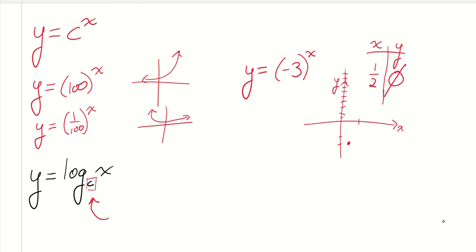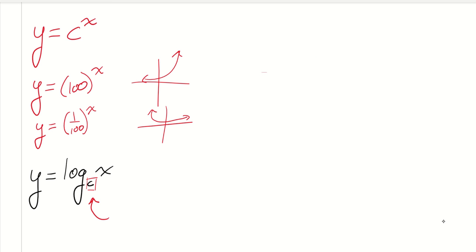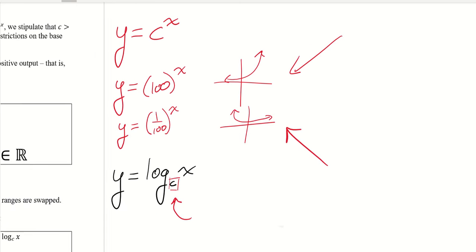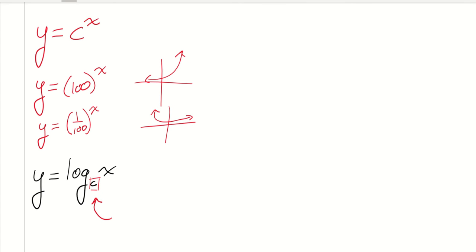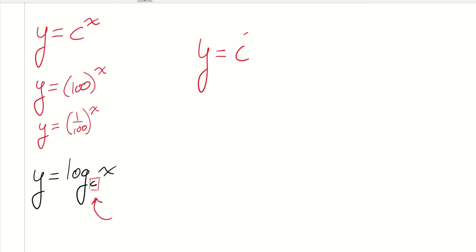We can plug numbers in and get numbers out, but when we do that, we don't get either of these nice exponential curves. We get somewhat wilder behavior, and so we don't call them exponential functions, because they don't exhibit this exponential behavior. So we say we don't like functions that look like y equals c to the x where c is negative.